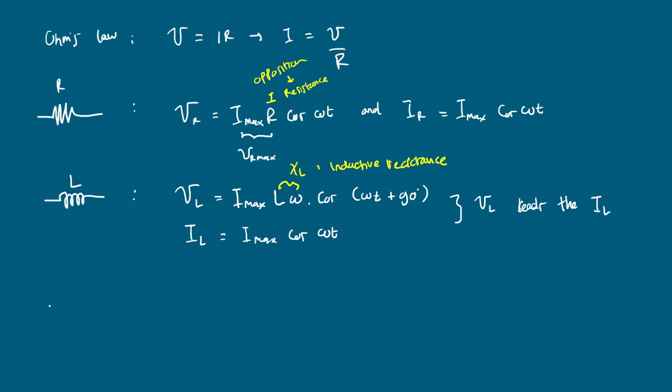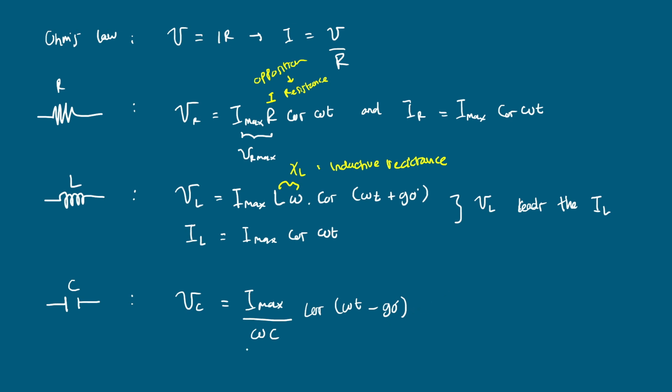Then let's have a look again at the capacitor component. From our previous discussion, we know that VC is equal to I max divided by omega C times cosine of omega t minus 90 degrees.